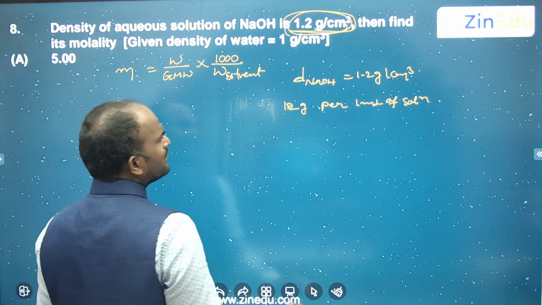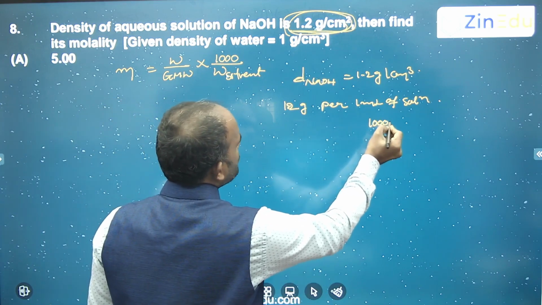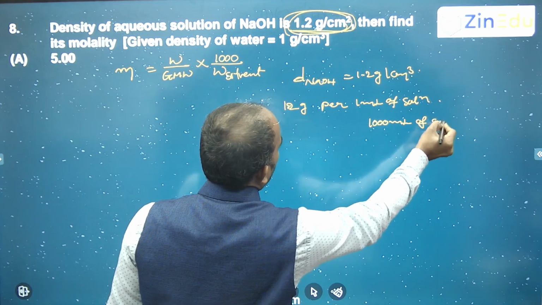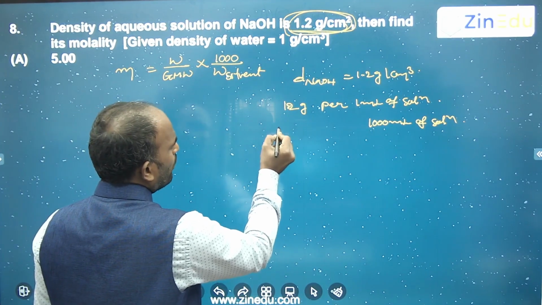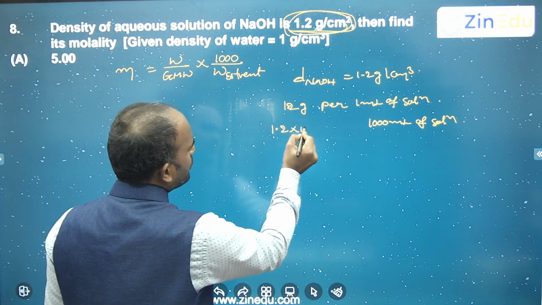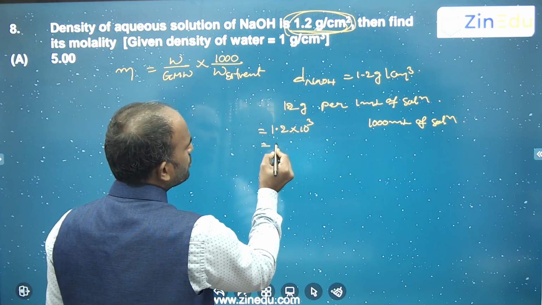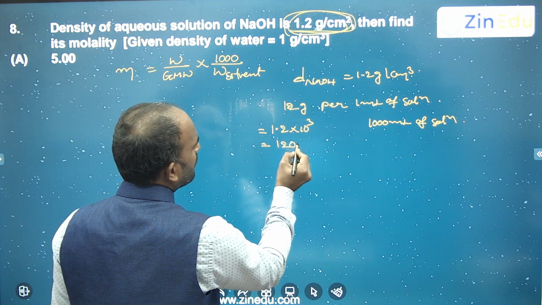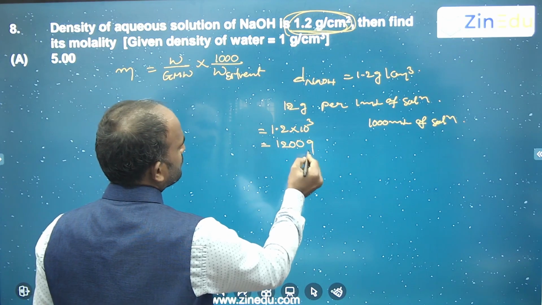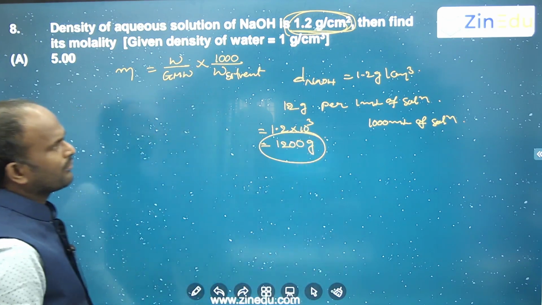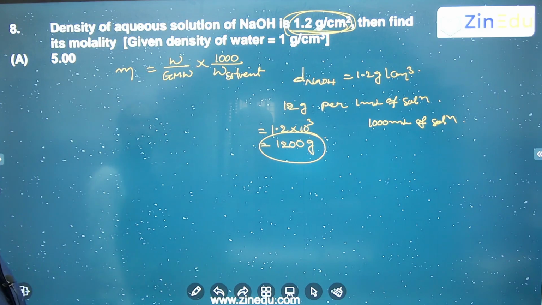Now I will consider 1000 ml of solution. What is the weight here? This is equal to 1.2 into 10 cube, that is equal to 1200 grams.